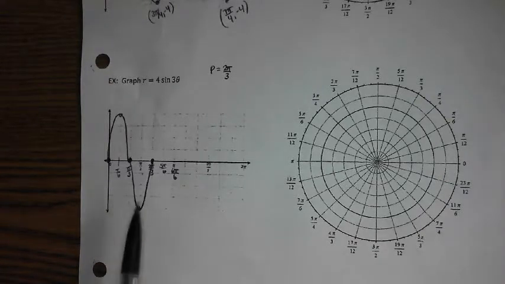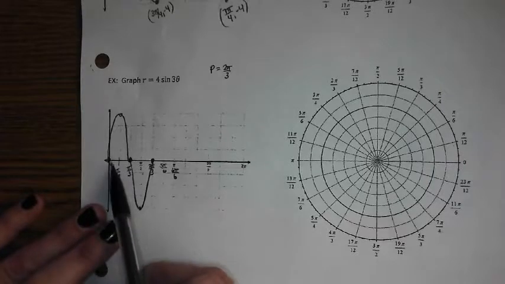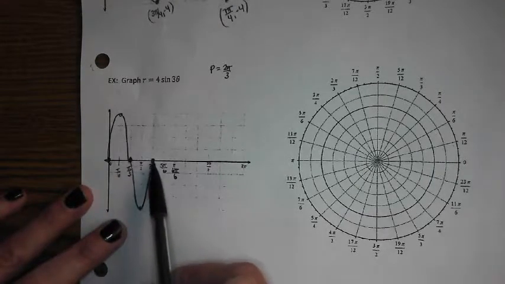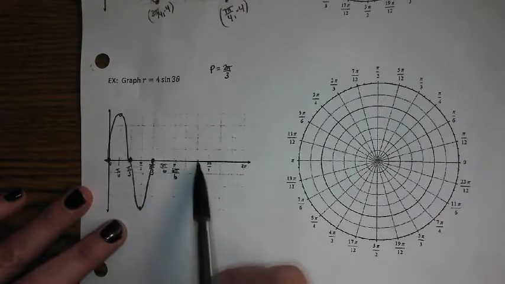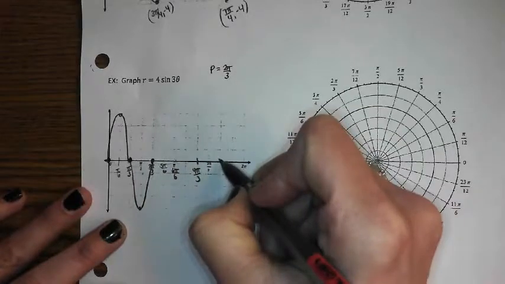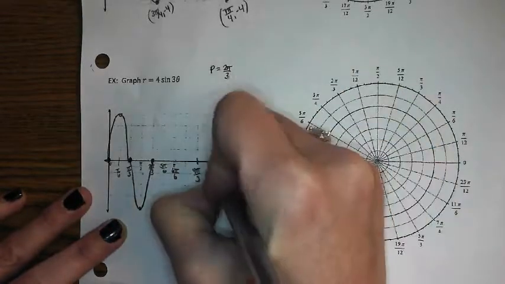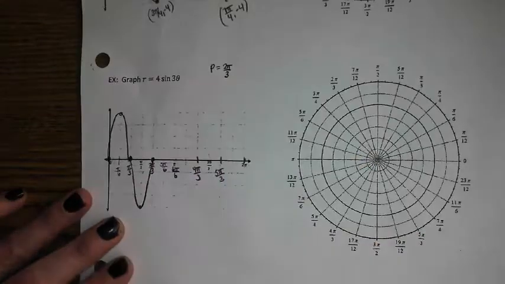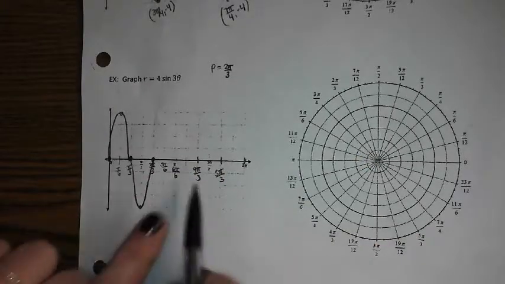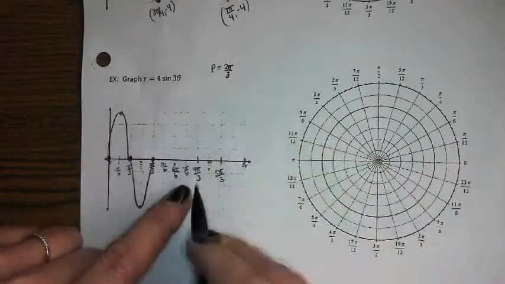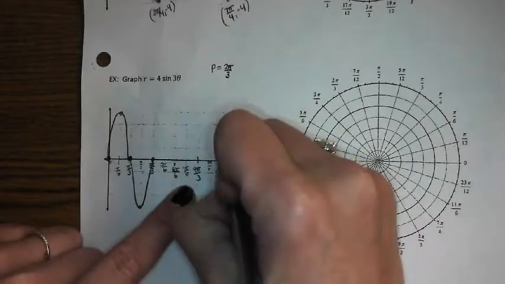So if I'm counting by pi's over 3, every other hash mark is 1 pi over 3, 2 pi over 3, 3 pi over 3, 4 pi over 3, 5 pi over 3, and 6 pi over 3. And then the only ones I don't have labeled are 7 pi over 6, 8, 9, 10, and 11 pi over 6.